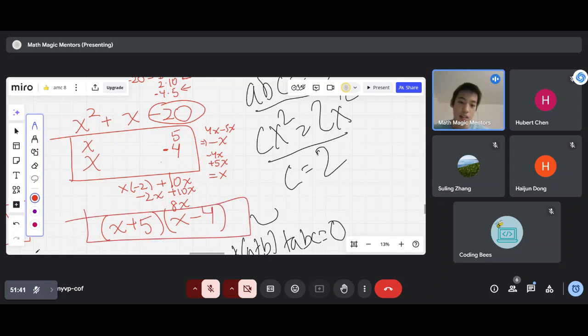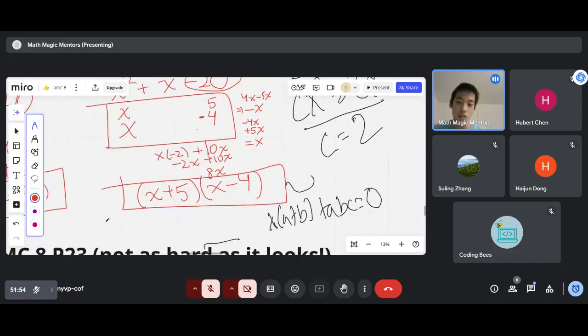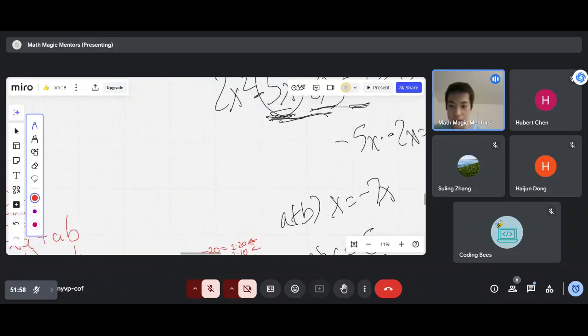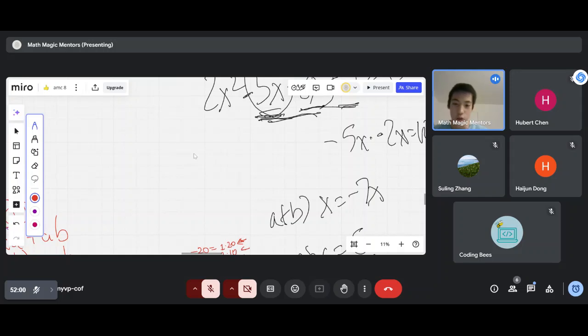It's a little bit of guess and checking if it's your first time doing it, but once you get the flow of it, it's really cool. And so you can use this to factor essentially any quadratic, at least with integer coefficients.